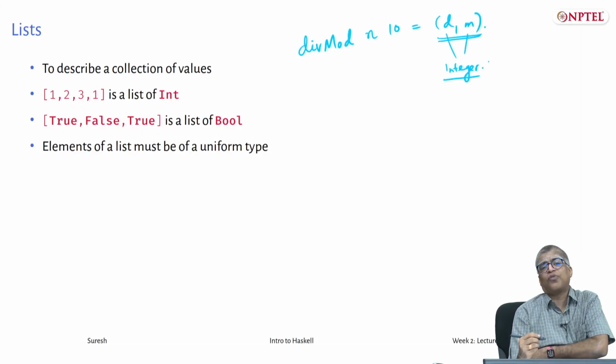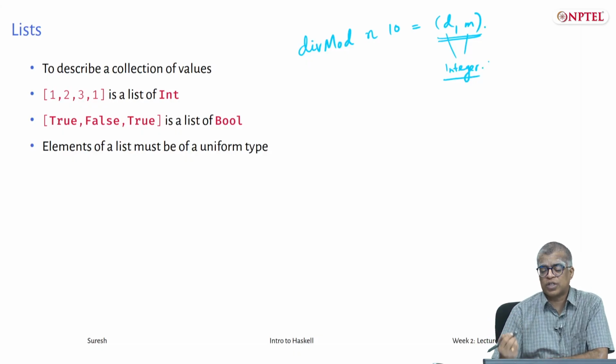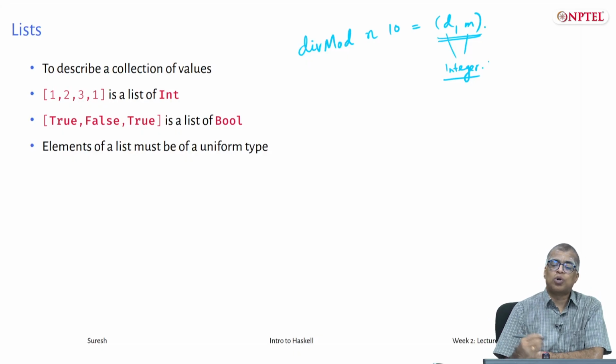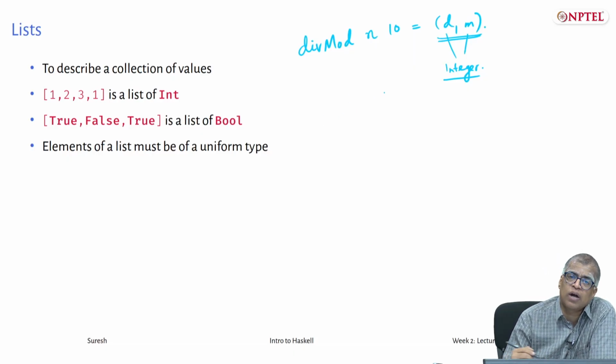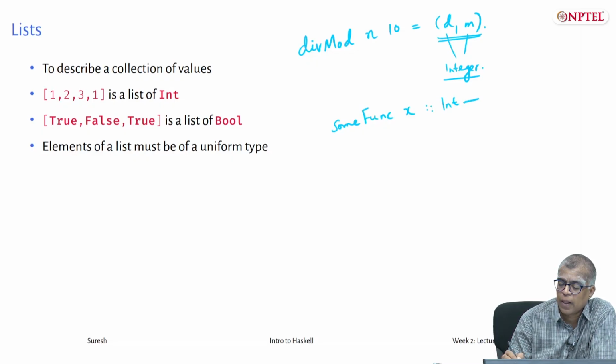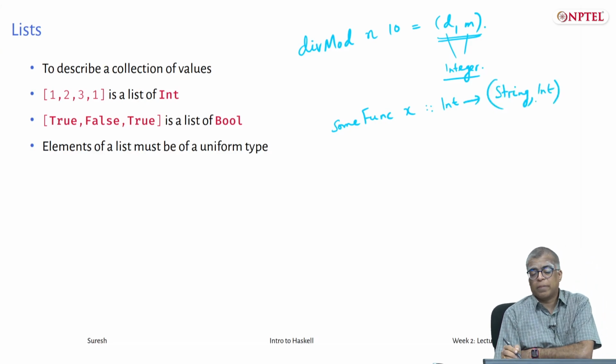But you could also think of some other functions which return two different things. Maybe you have a function that returns a string and its length. Maybe its input is int and it outputs a string comma int. This is possible.